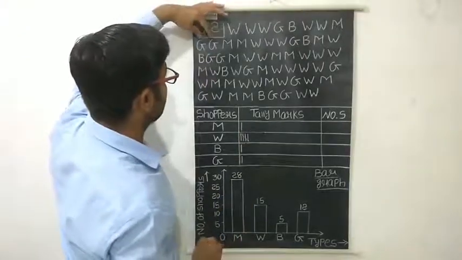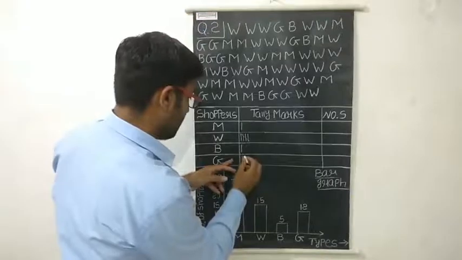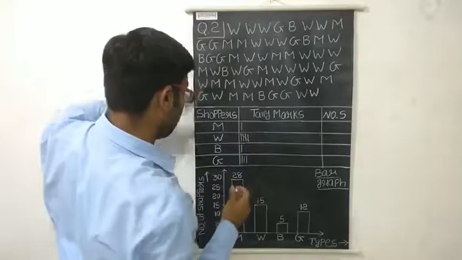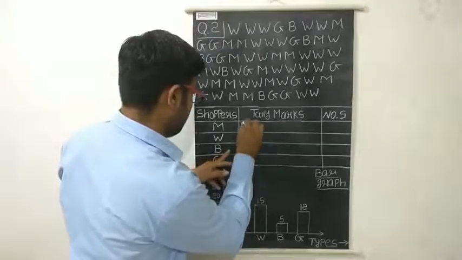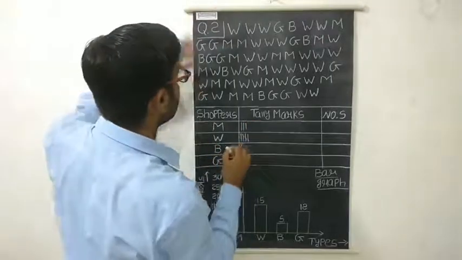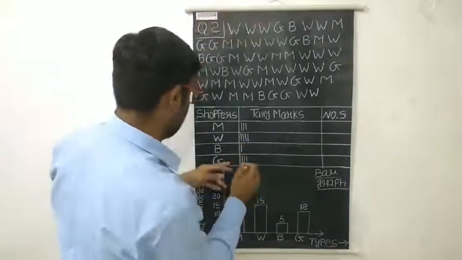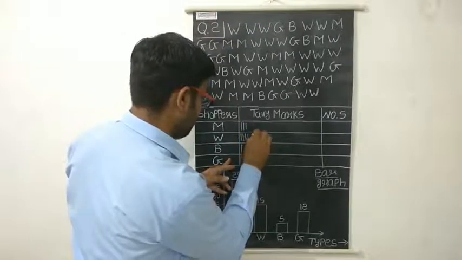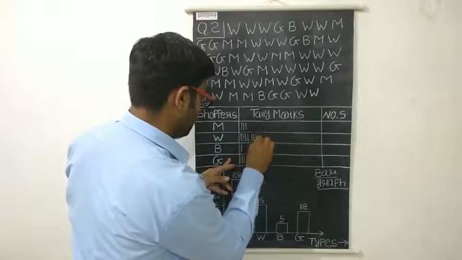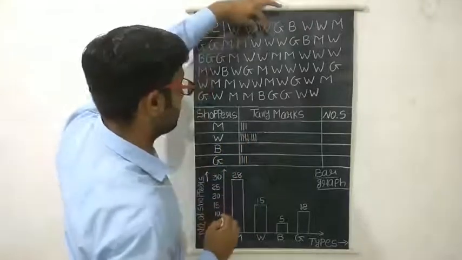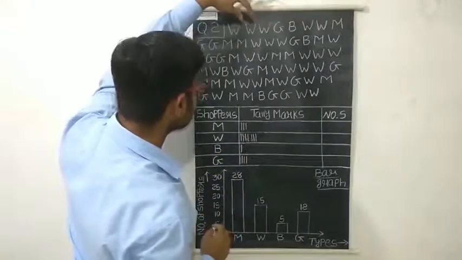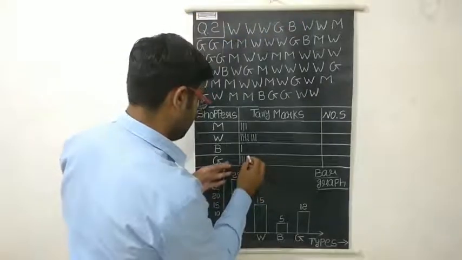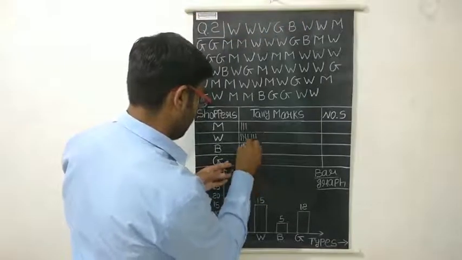Now two girls, so we make two bars here. Then two men, two bars. Then three women: one, two and three. Now girl and boy, one girl and one boy.